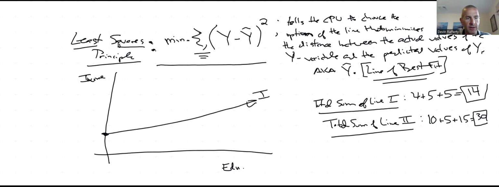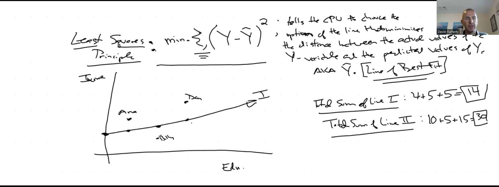We have Anna. We have Billy. And we have Dan. These are the actuals. These are the predicteds, right?